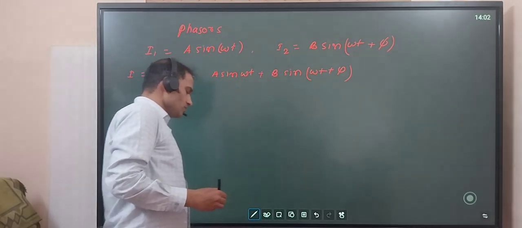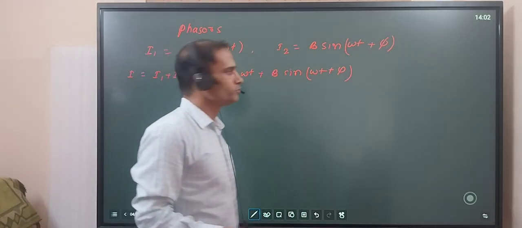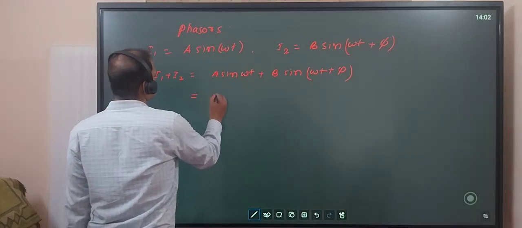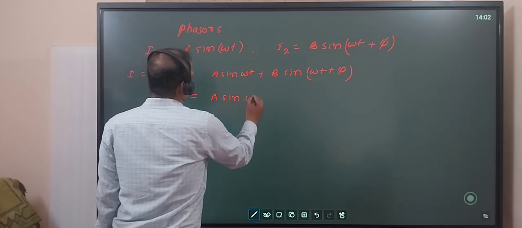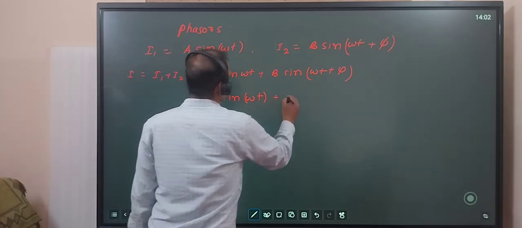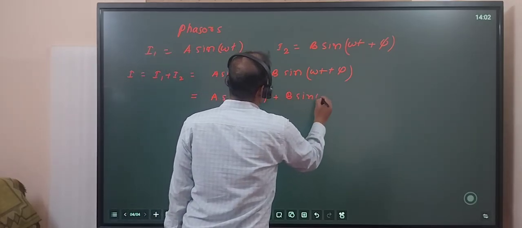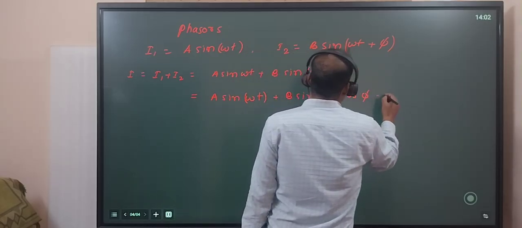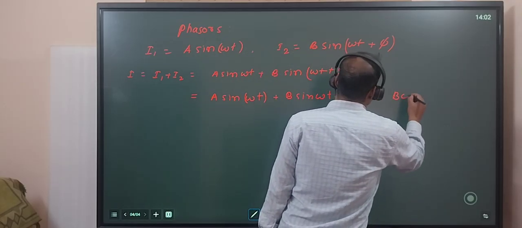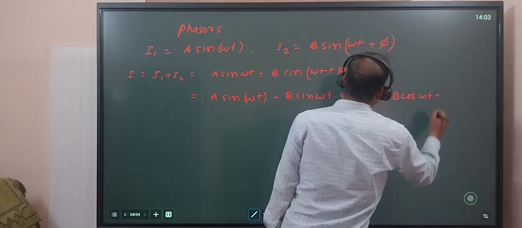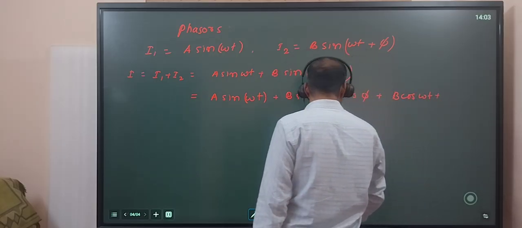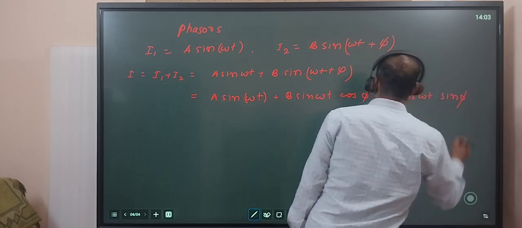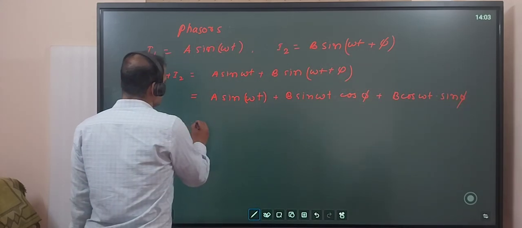This kind of calculation I believe all of you have done earlier, so I will be a bit in a hurry. So a sin omega t plus b sin omega t cos phi plus b cos omega t sin phi.